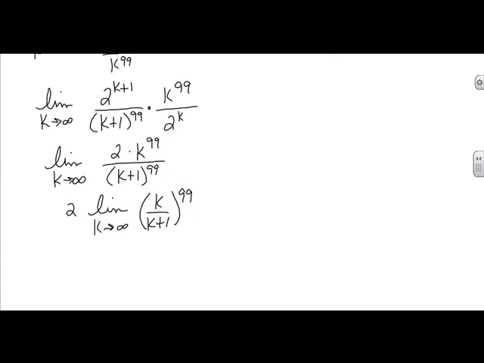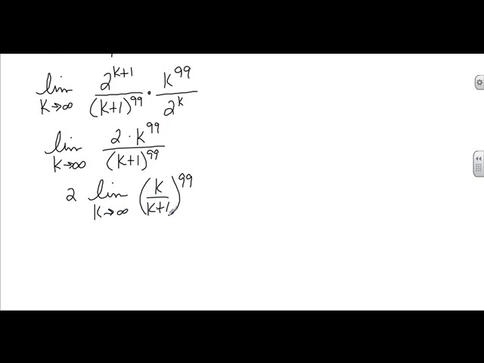And then think about dividing the numerator and denominator of this fraction by k. That would leave you 1 over 1 plus 1 over k, and then that's raised to the 99th power. So we're looking at 2 times that.